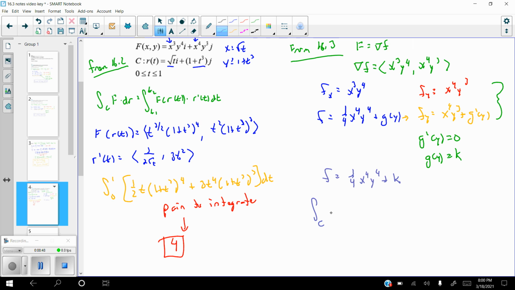the line integral of F dot dr, which is what we are trying to find on the left-hand side there, is lowercase f of x, y evaluated from a to b. But remember that a and b are t values.